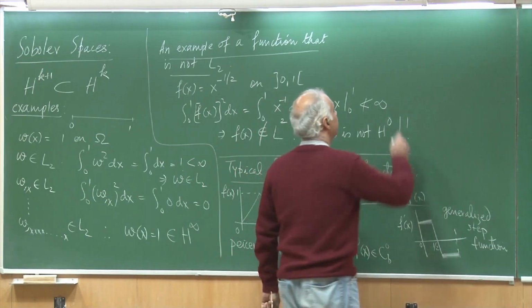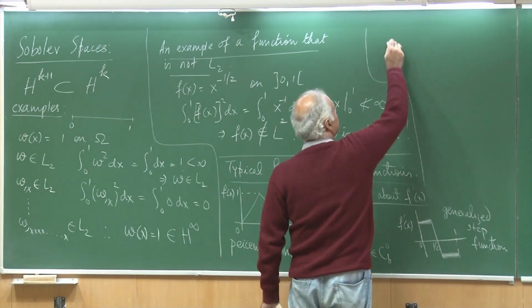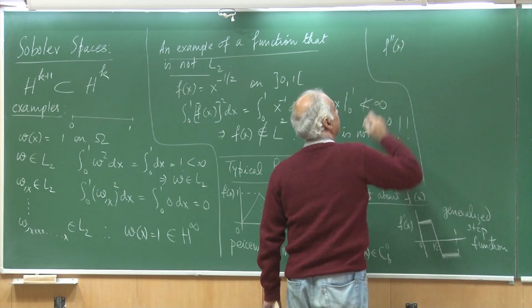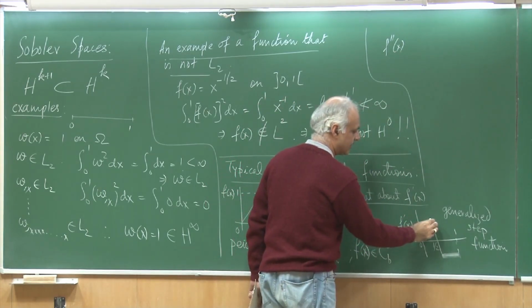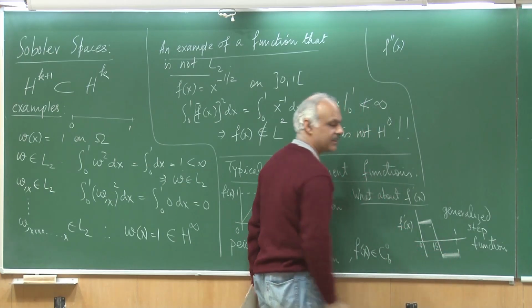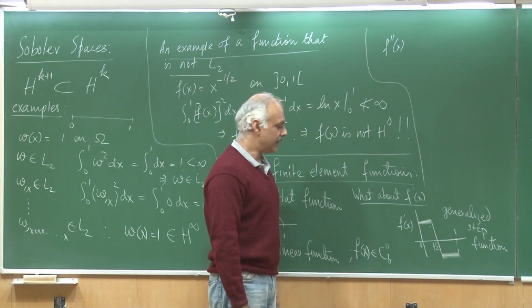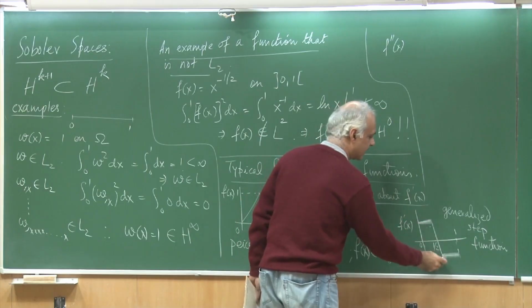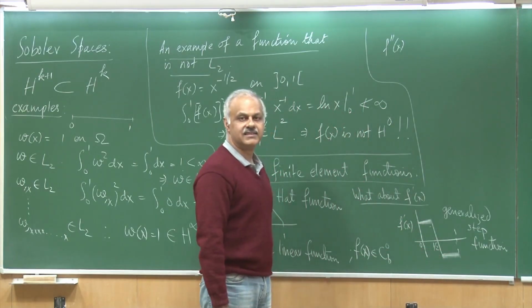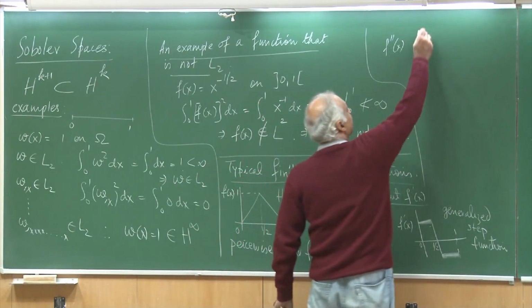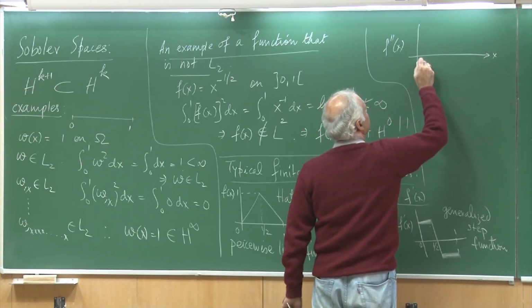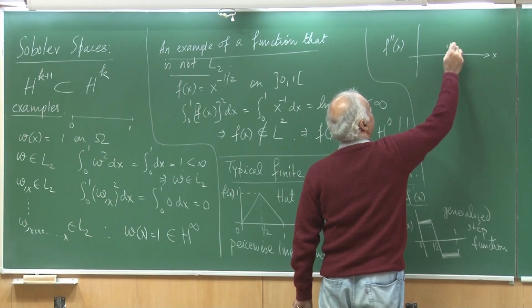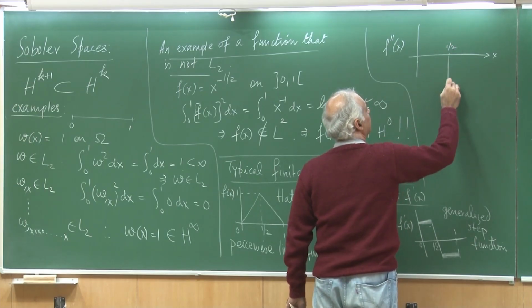And in fact, f double prime x is even more interesting. Notice the second derivative would be 0, but I get a spike at x equal to half. I can represent this in the following manner. This is x and this is a half, and I would get some kind of a spike here.